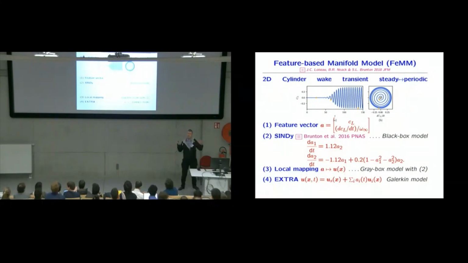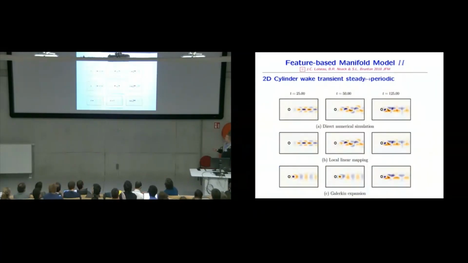For the mapping we simply do k nearest neighbors, and this is as accurate as you can possibly imagine. And in addition, you can derive some modes, which are as good as the POD modes. So here again, structures for different times in the numerical simulation, locally linear embedding. It's perfect, so our estimator is wonderful.